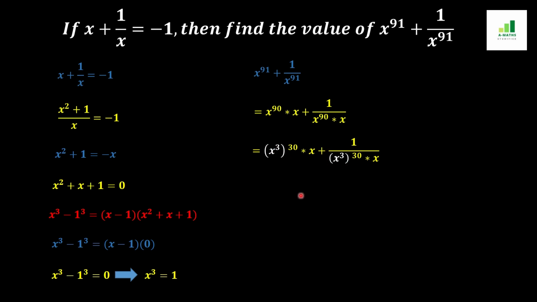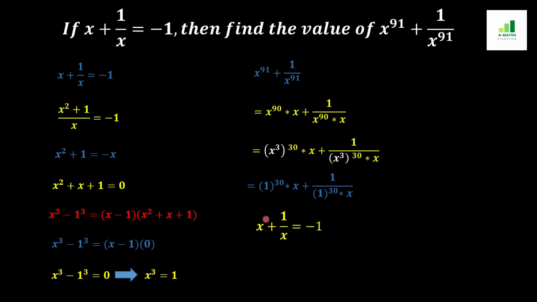Now, as we know, after simplification of this condition we get the value of x cube, which is 1. Here we replace x cube with 1, and we will get 1 to power 30, because x cube is equal to 1. We apply the same thing in the other term.